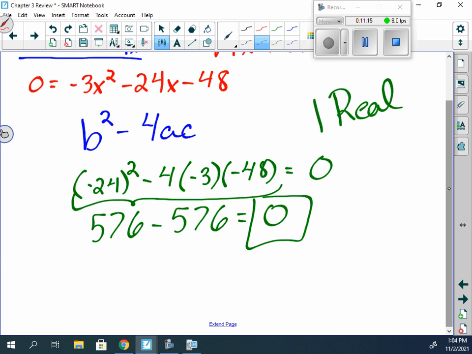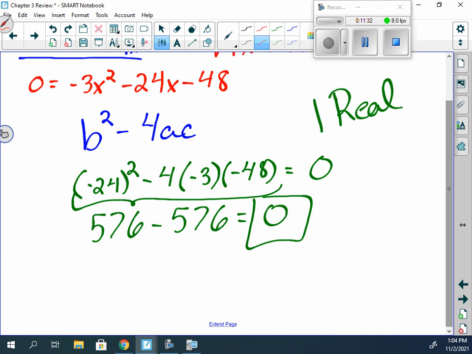The number of solutions, how many solutions will we have? And the type is real solution. That's all it's asking for. Number and type, we're going to have one real solution. And that's all it's asking for.